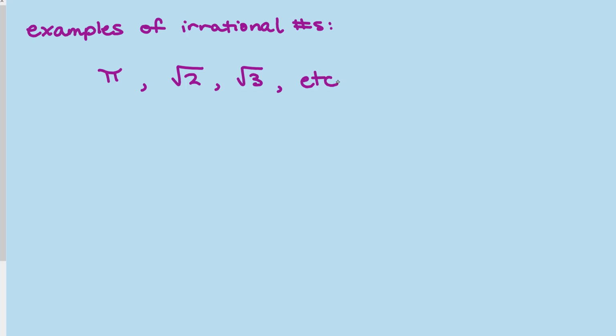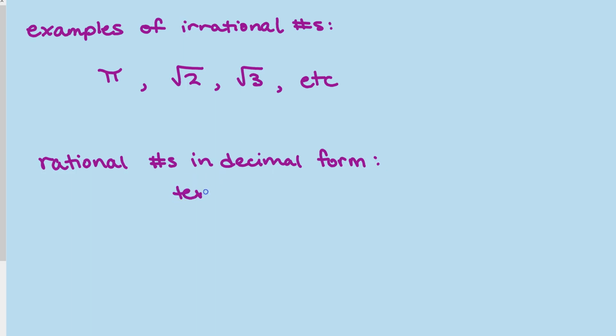So if you think about writing a rational number in its decimal form, anytime you write a rational number in its decimal form, it's going to be a terminating or repeating decimal.